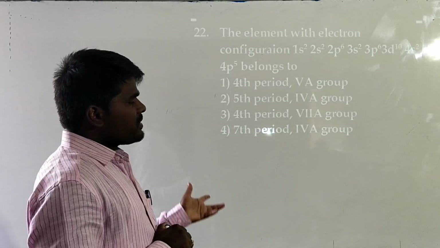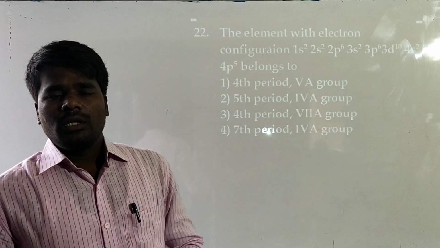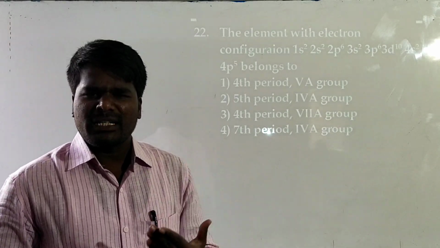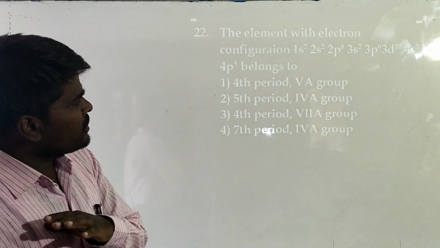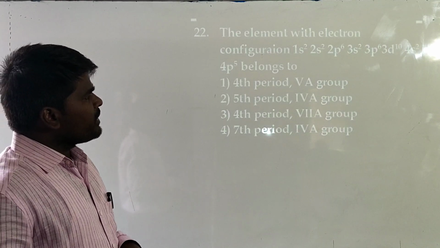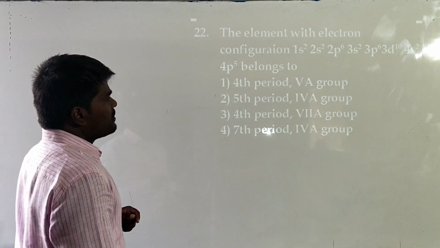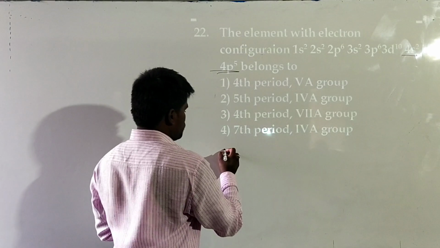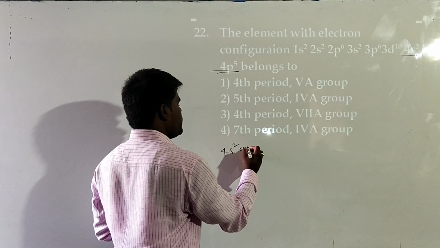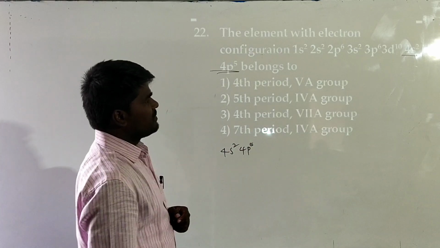We have already discussed the procedure to find out the group number, period number and block number. Right? First of all, you need to see the electronic configuration clearly. In the electronic configuration, what is the valence shell? Fourth shell. Here 4s2, 4p5 he has given.